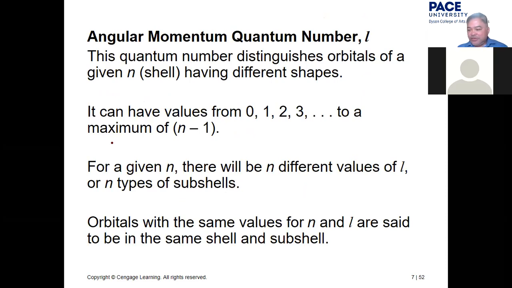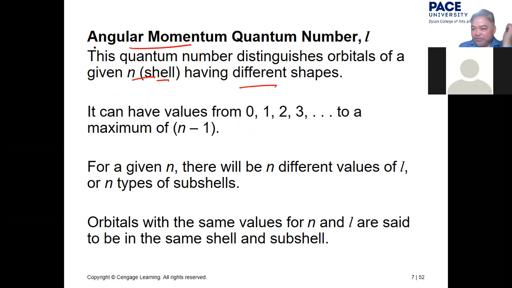Now, the next one that we have is the angular quantum number, the angular momentum quantum number. This quantum number distinguishes orbitals of a given n or shell having different shapes.